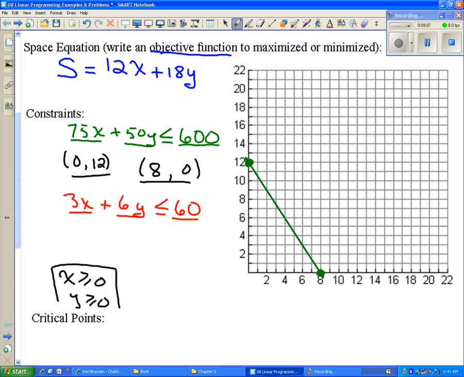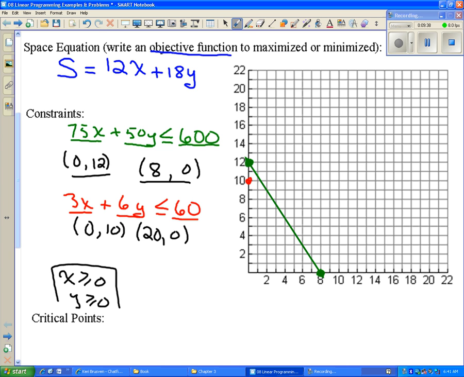Let's go to my second equation. If I plug in 0 for x, I'm going to get 6y is less than or equal to 60, so then y has to be 10. That's my y-intercept. If I plug 0 in for y, 3x is less than or equal to 60, so x is less than or equal to 20. My x-intercept is 20. So I get my red marker, and my y-intercept is 0, 10.